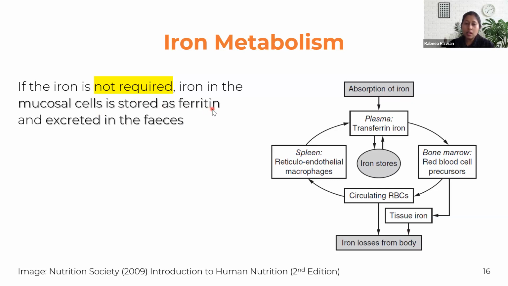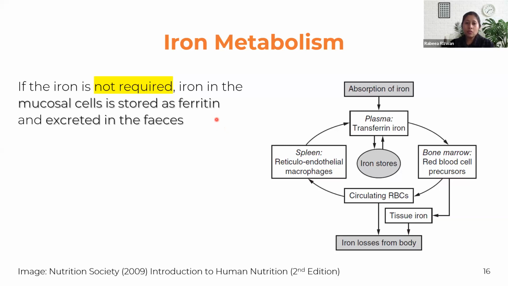Then it stores iron in the form of ferritin, a protein in our body. But it also wastes the remaining amount of iron which it is not absorbing, because our body absorbs iron as much as it is required, but it is not exactly the perfect procedure, perfect functioning, but it does a little bit.